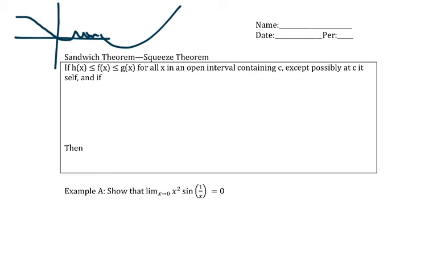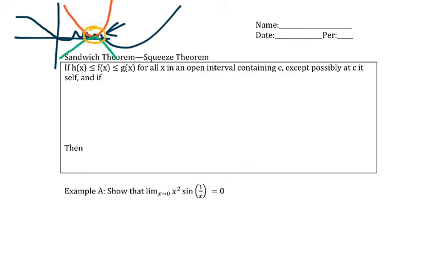So the sandwich theorem will help us create what we call the upper function and the lower function, the ones that we know how to find the limit of, to help us determine what the limit is at c, which is this point right there.